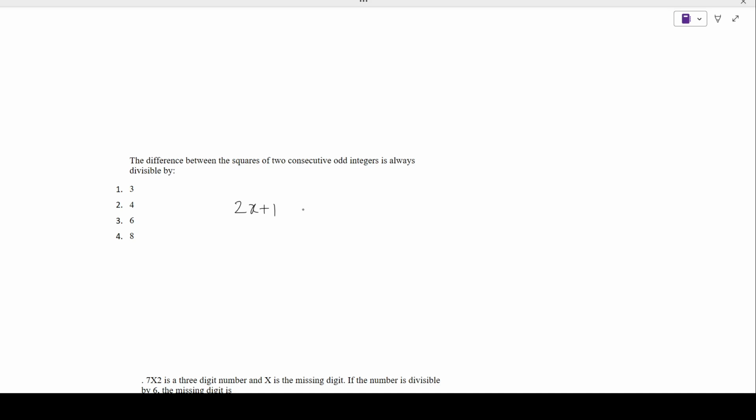After this, the next odd number will be 2x plus 3. If the number is 3, the next odd number will be 5, and next will be 7, so this is 2x plus 1, this is 2x plus 3, and this will be 2x plus 5. It can be any number, not specifically 3, 5.